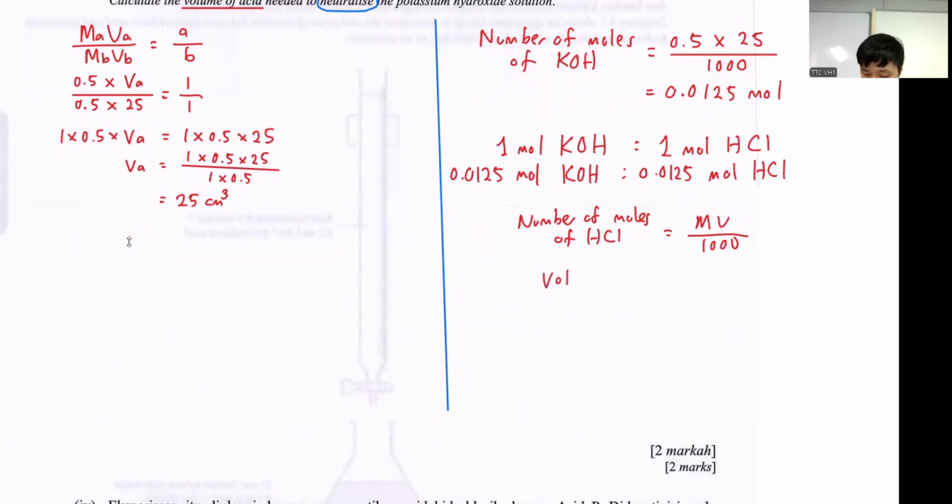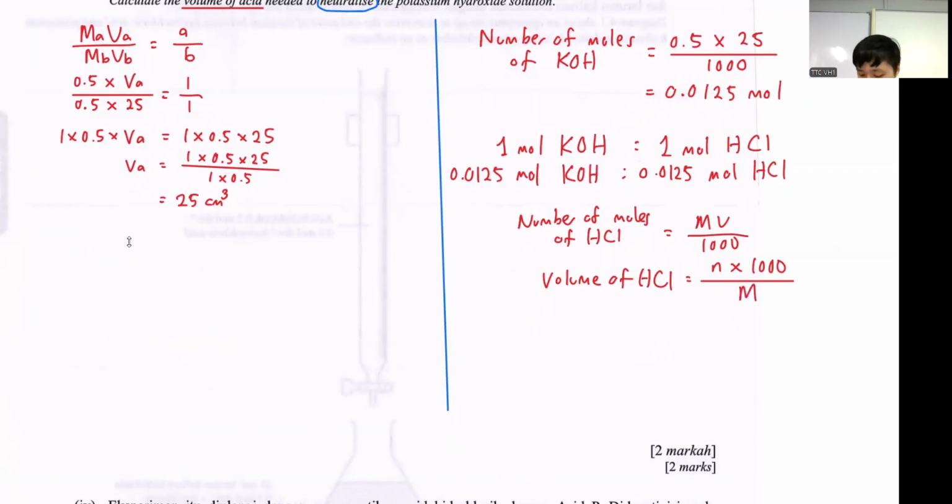So volume of HCl is, mole symbol is N, N multiply 1000. Move 1000 to the other side. If N moves to the other side, it becomes divide.